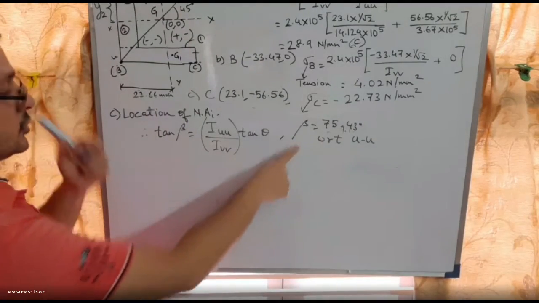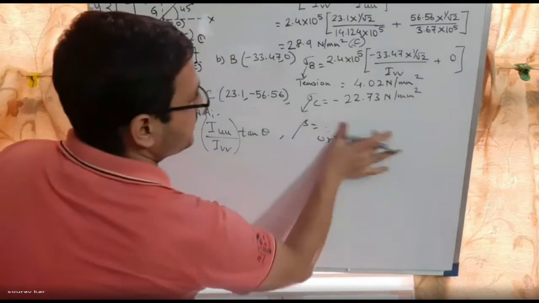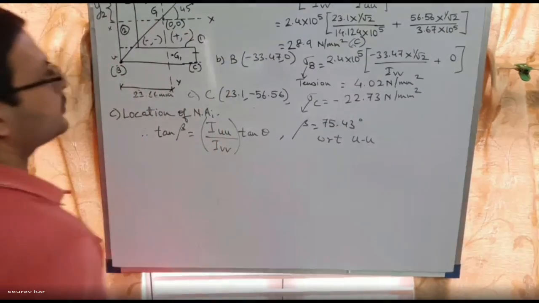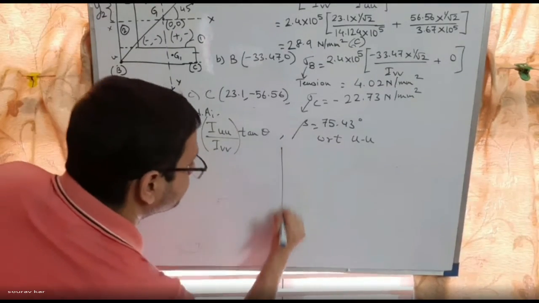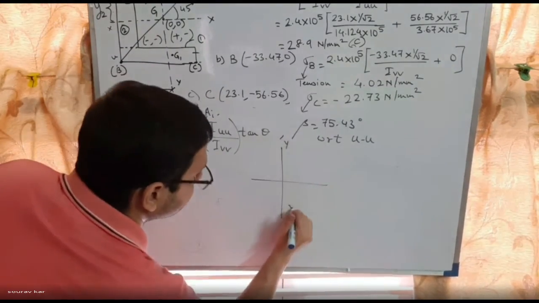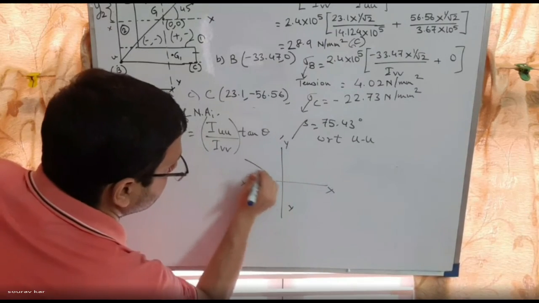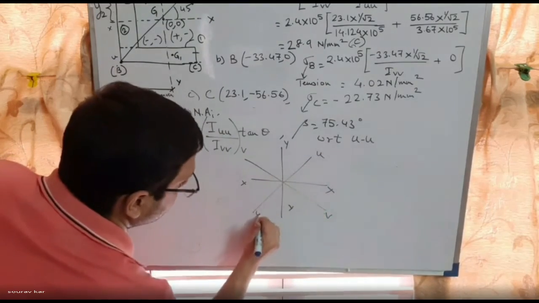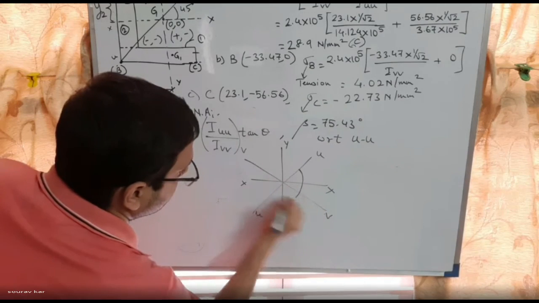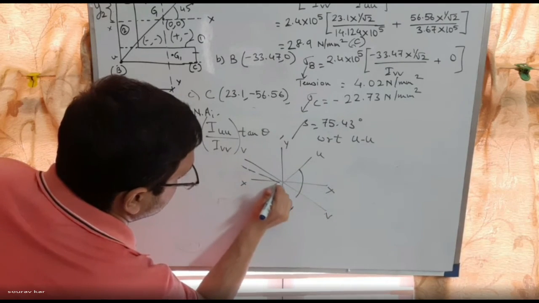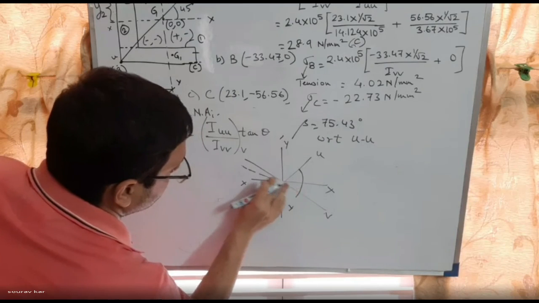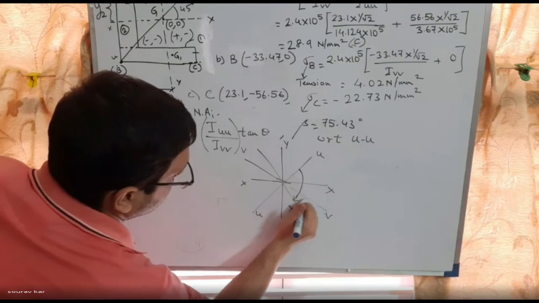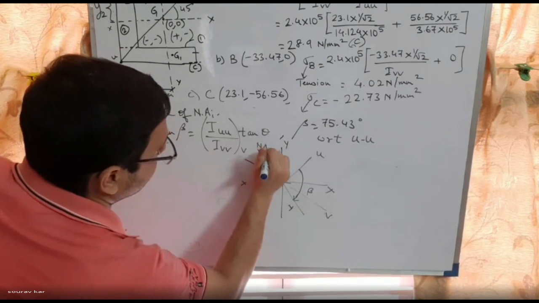The location of the neutral axis is 75.43 degrees, with respect to UU axis, as I told you.